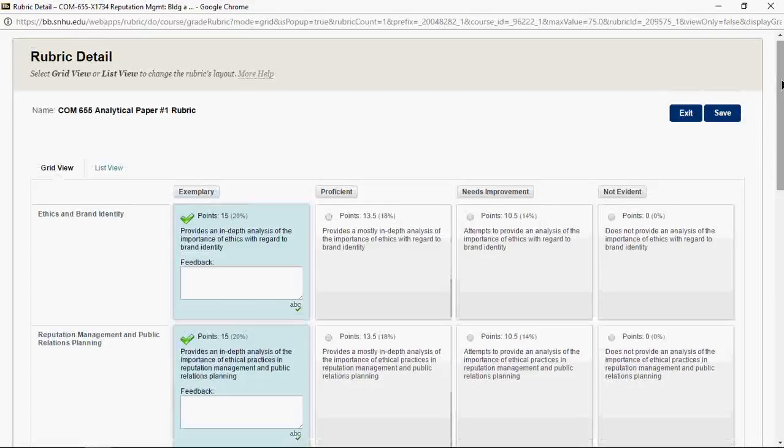Rubrics have been around for a while, but especially in the last 5 to 10 years, rubrics have become widely popular, and you could say wildly popular, in academia, specifically higher education. And that's because they're really good.